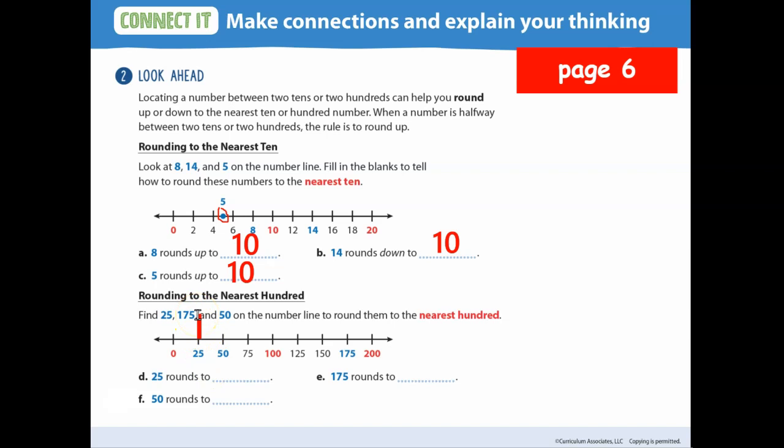Is it closest to 0 or 100? 0. Okay, here's 50 right here. It's halfway between 0 and 100, so do I round up or down? Up. So 50 is closest to 100. And here's 175. Is 175 closest to 100 or 200? 200, good.